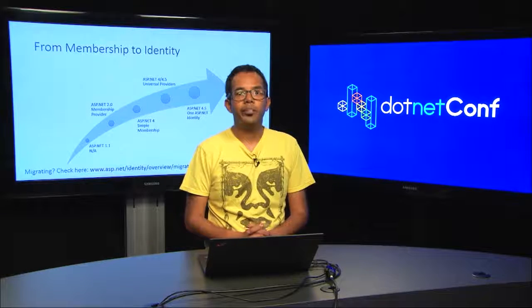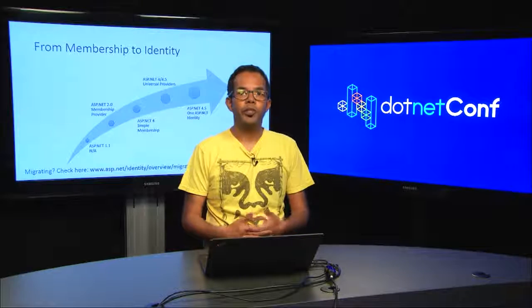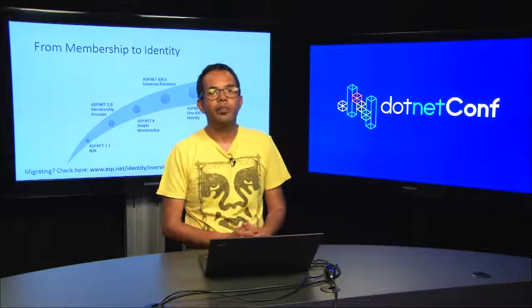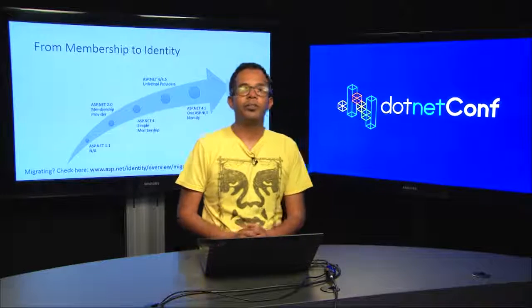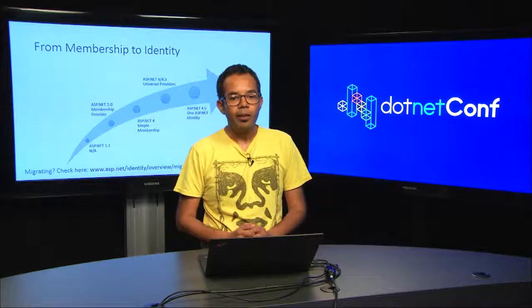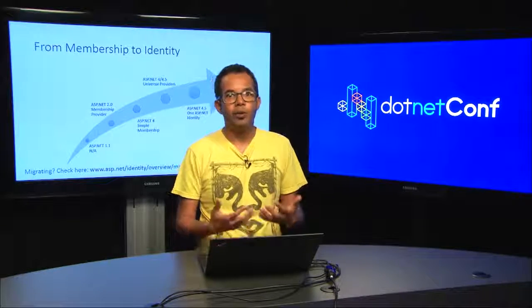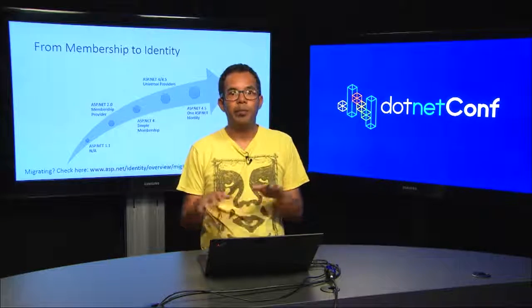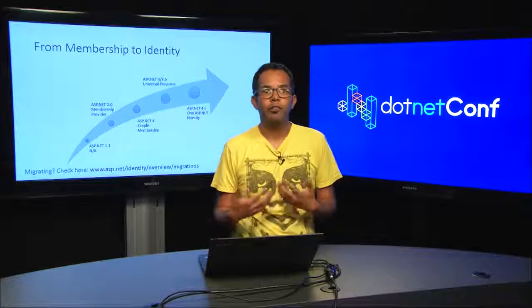In ASP.NET 4.0, we came up with simple membership, and the goal behind simple membership was to make it easy to customize profile information about your users. For example, how do I customize my hometown property and add it easily? It was still based on the existing membership model, so it was still using the forms auth module.